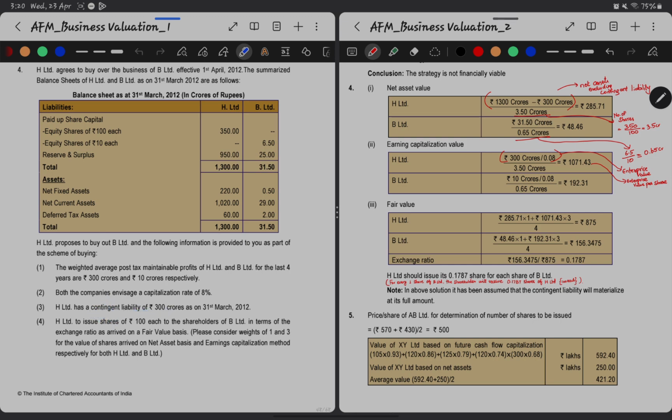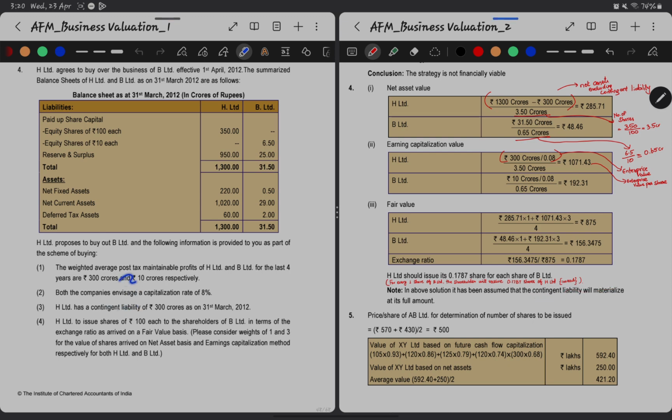H Limited. There are two assumptions here. One is we have to see the materiality of this contingent liability, how possible it is to occur in the near future, or will the company be paying it or not? Here ICAI has taken a stand that the contingent liability will materialize at its full cost.